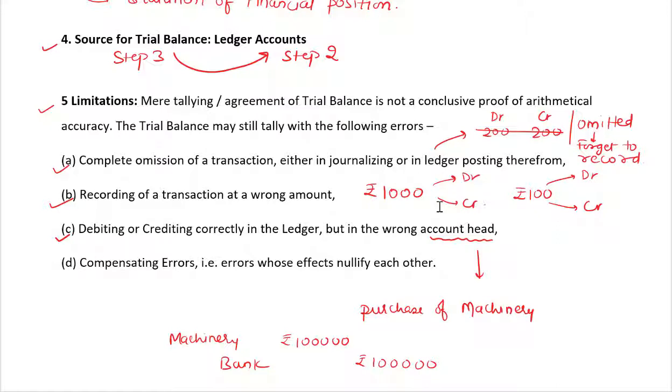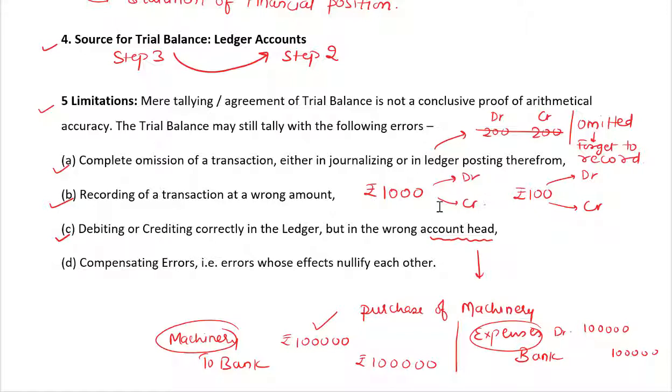Now, while recording in the trial balance, instead of writing machinery to bank, you wrote expenses to bank. Expenses 1 lakh and bank 1 lakh. Instead of machinery, you wrote expenses, but the trial balance will only check the amount column. It will not be corrected. So this would act as a limitation.